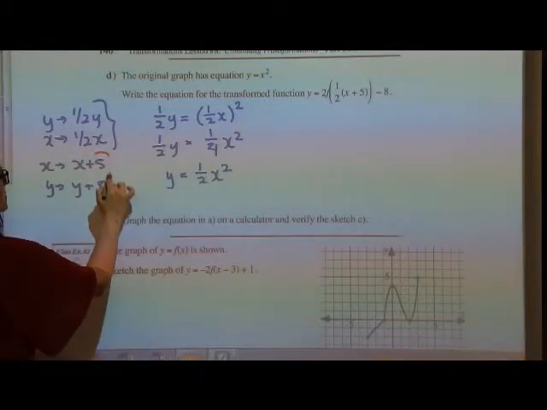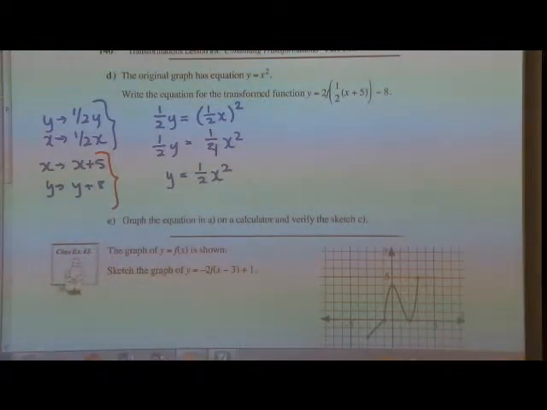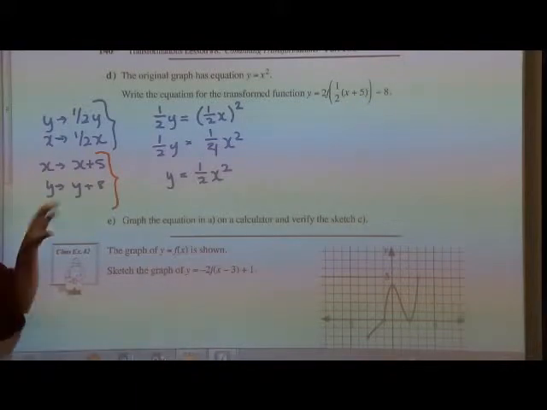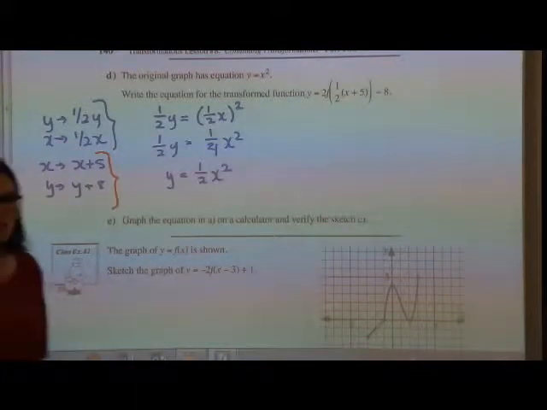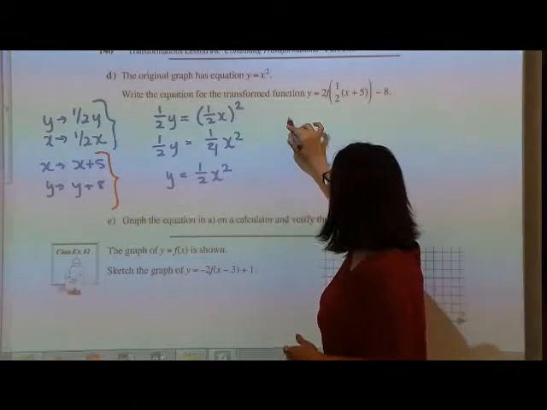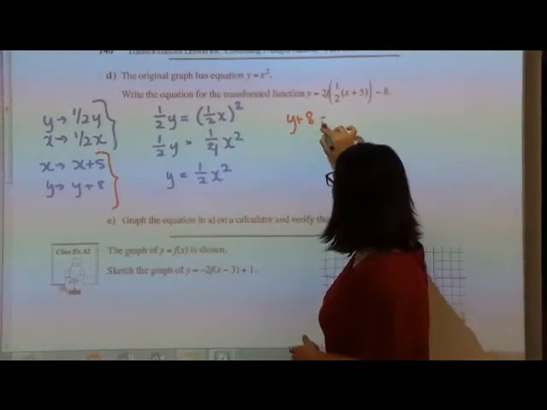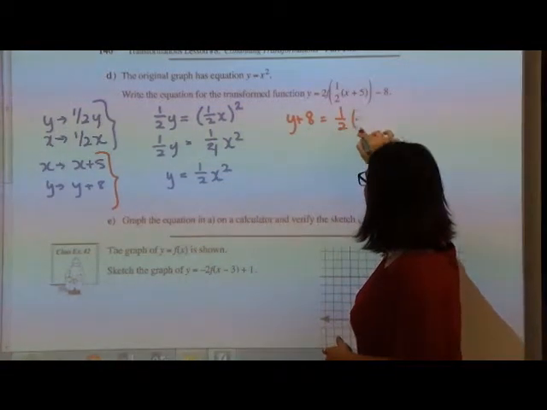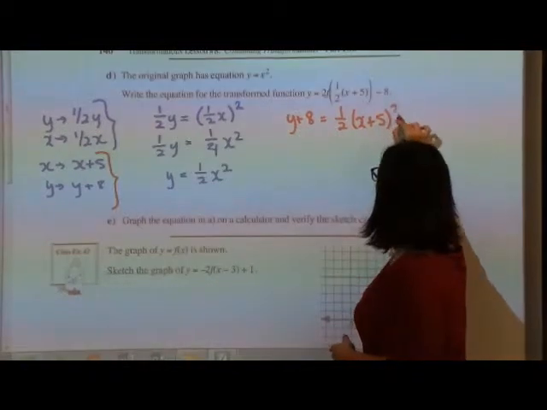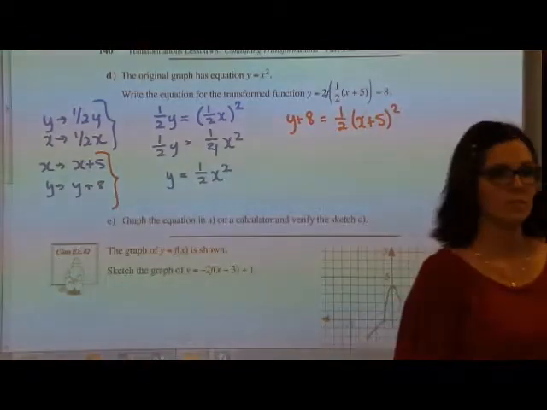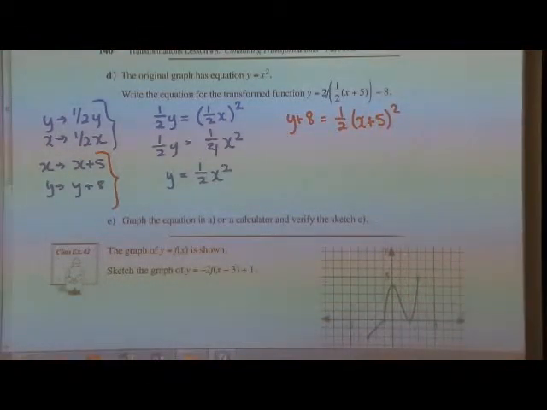So now I get this part. If I replace y with y plus 8, and then x with x plus 5, there's where I'm at. Now what do I do?